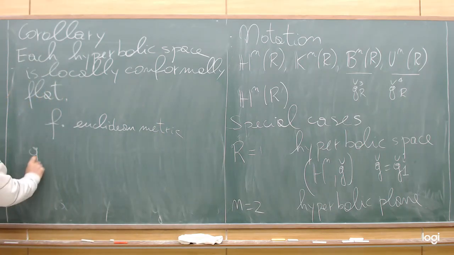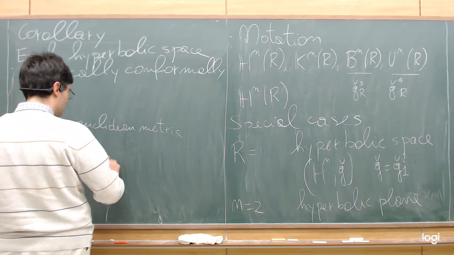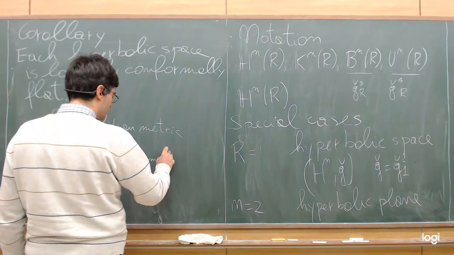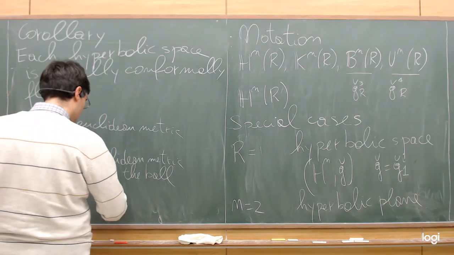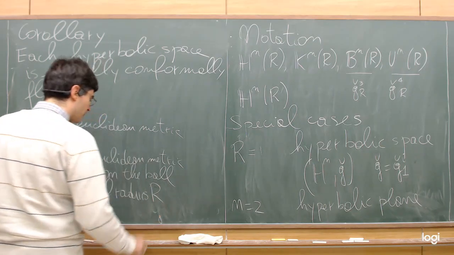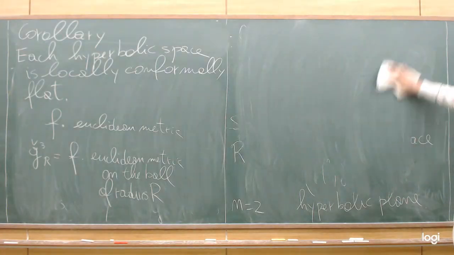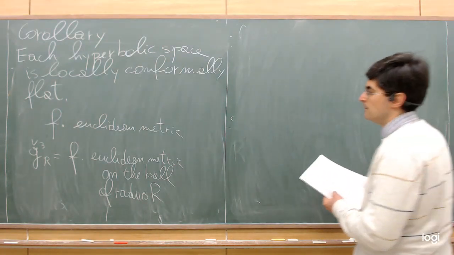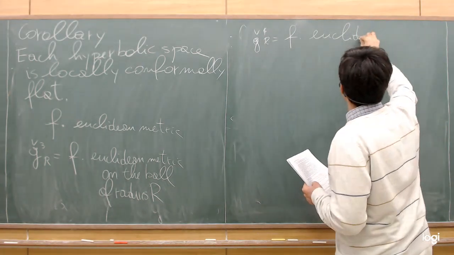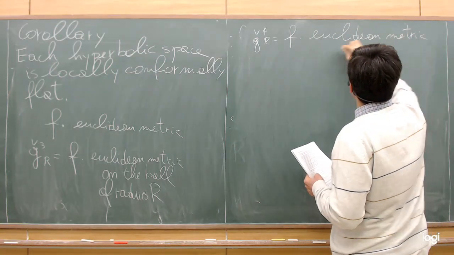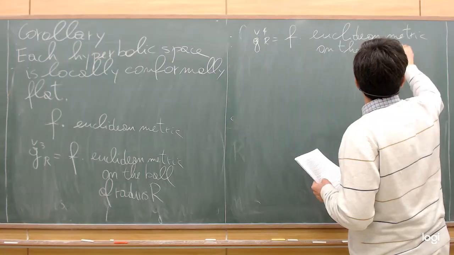In the case of G3R, we have f times the Euclidean metric on the ball of radius r, instead if you work with G-Chesh 4R, this is f times Euclidean metric on the upper half space.